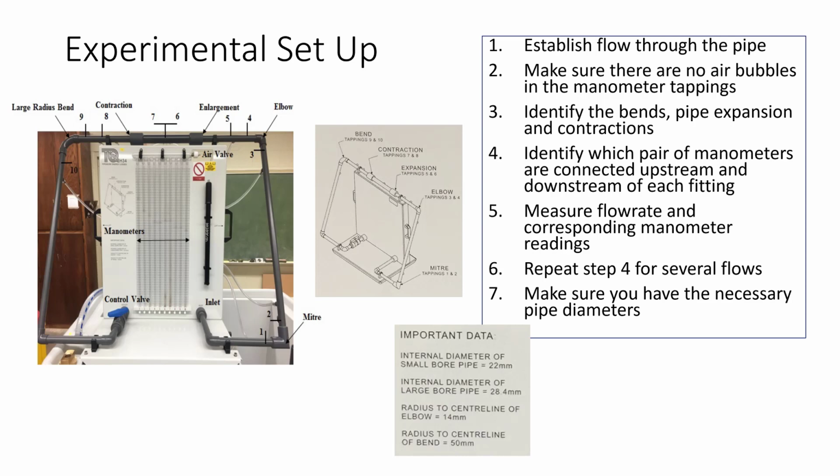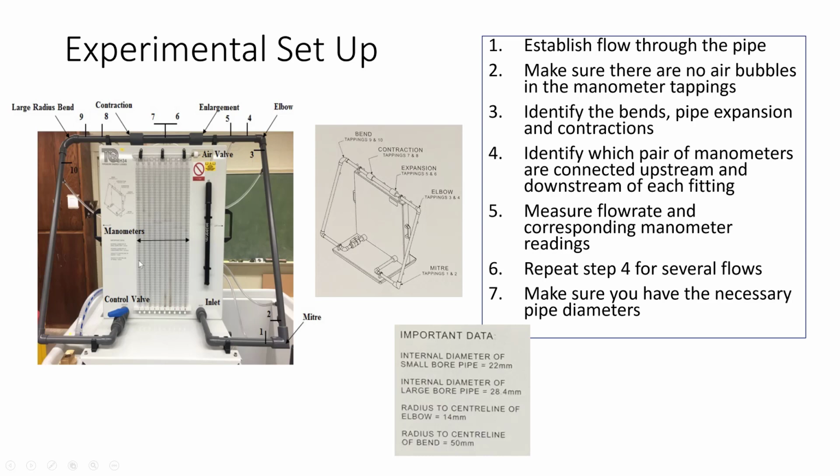As the water flows through these pipes, we have manometer tappings right upstream and downstream of each pipe. So the numbers of these manometers right here correspond to the various pipes.